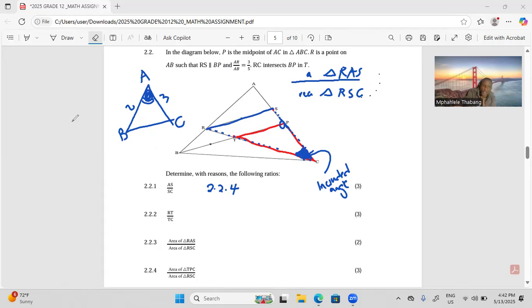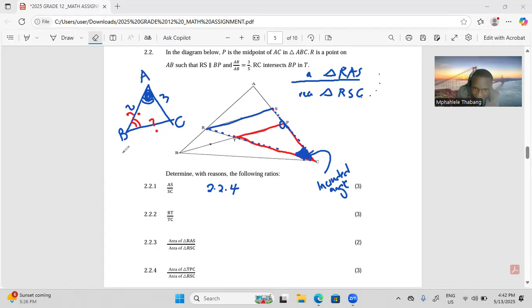If I'm focusing on AB and BC, then B will be my included angle. So I want you to identify the angle between two sides.